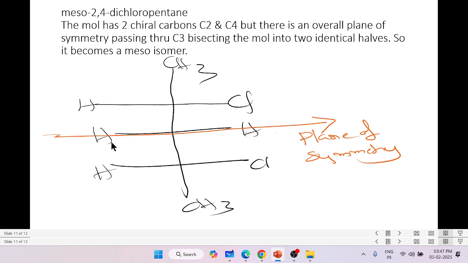In this case, you can see the orange line passing through C3, bisecting the molecule into two identical halves, so this molecule, in spite of having two chiral carbons on C2 and C4, is achiral. So the total number of isomers for the 2,4 isomer is 3.